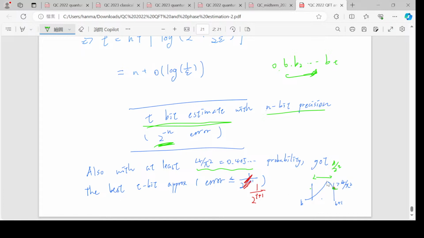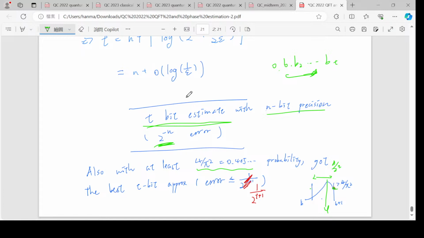So say your phi is here, and the peak is here. So the probability to get the best estimation is actually at least 40%. So this is another estimation besides the log 1 over epsilon estimation.